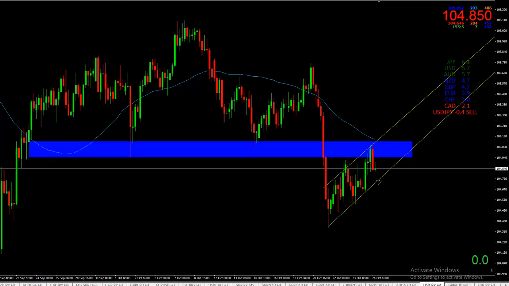I was doing a live session with my members this morning, and one of them spotted the move up on the USD JPY. I marked out this zone saying it would not be safe to trade it yet, because it's heading towards the neckline. But we can see here that it has indeed rejected the neckline, and I believe it's going to go down, breaking this trend line, or what is otherwise a flag pattern.